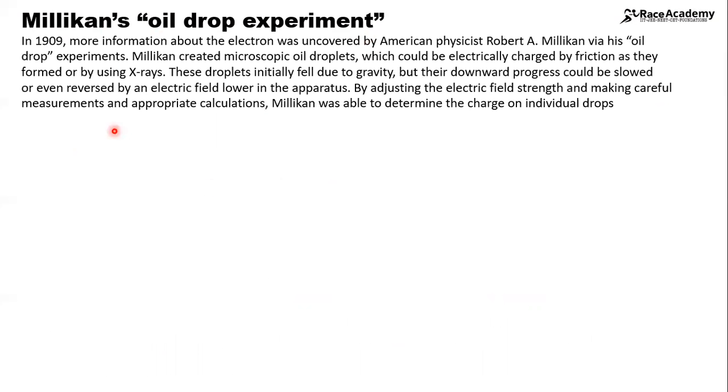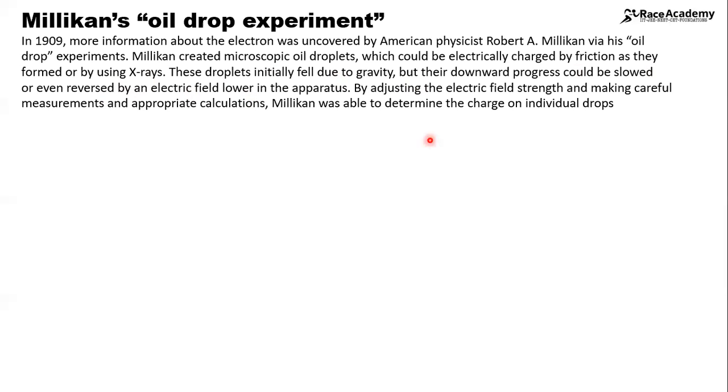In 1909, he did an experiment in which microscopic oil droplets were taken, electrically charged by friction as they formed or by using X-rays. These droplets initially fell down under gravity, and their downward progress could be slowed or even reversed by an electric field applied across the apparatus.